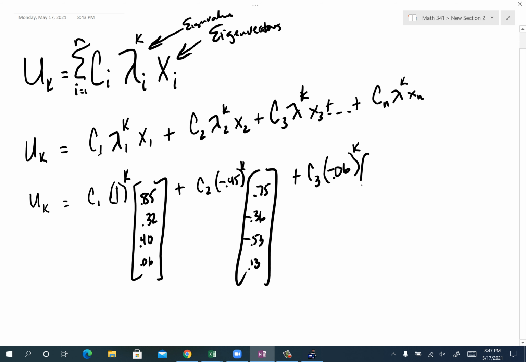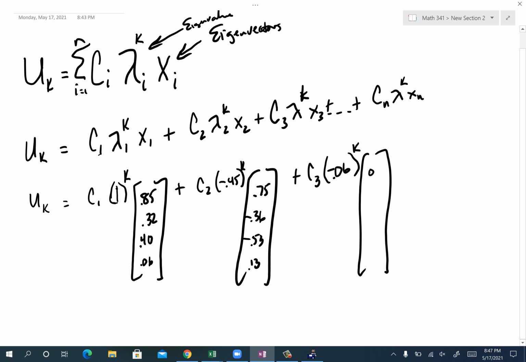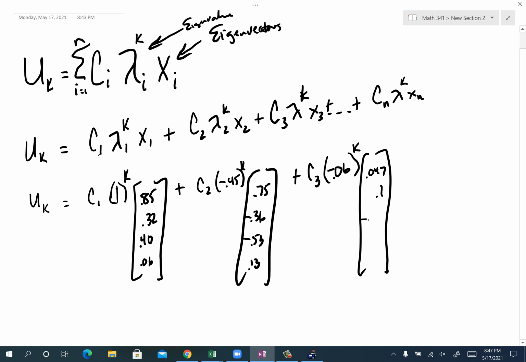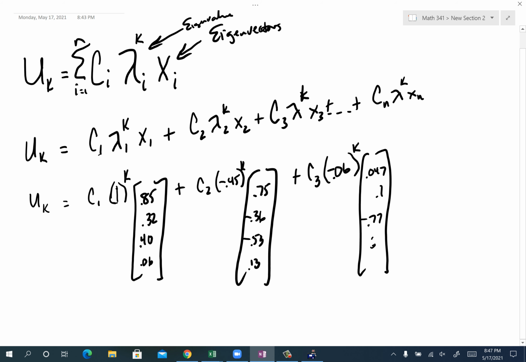And then the vector that's associated with that is, I don't remember which one is which. Okay, negative 0.06 is the third one over. So the 0.047 one. Okay, correct. So 0.047, and then basically 0.1, negative 0.77, and 0.63, we'll call it.